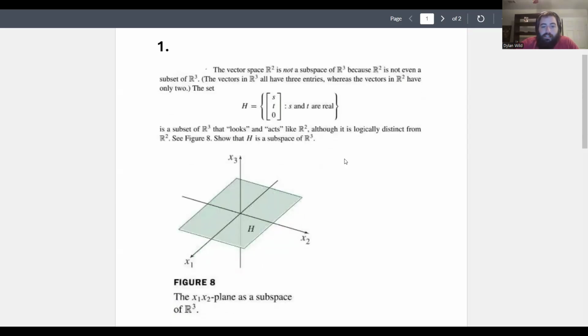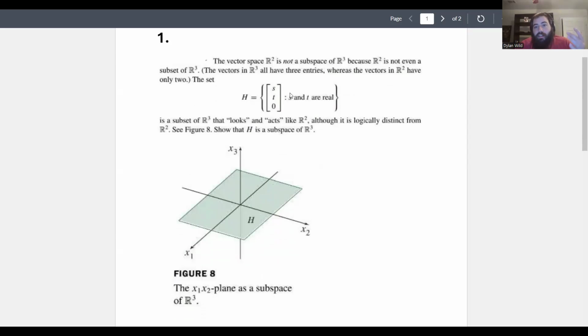And we can see in our nice little figure here that this vector S, T, 0 exists in three dimensions, and it forms a plane, happening to pass through the origin. So what does this really mean?